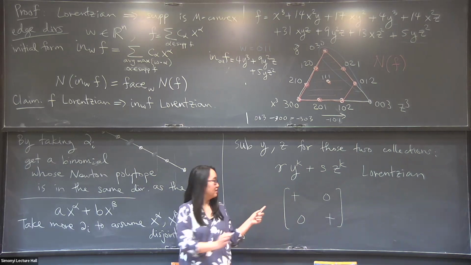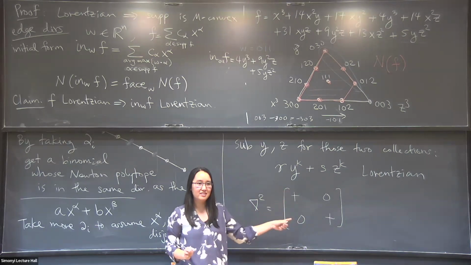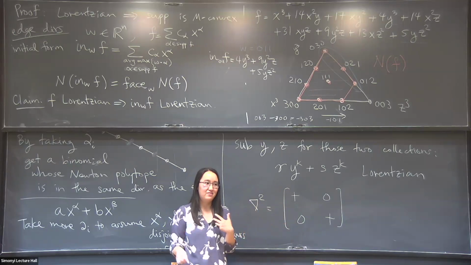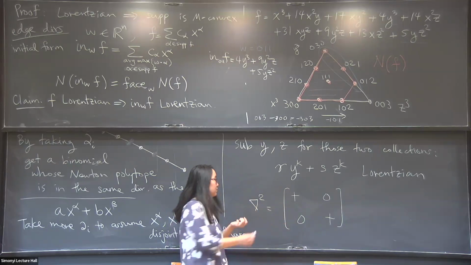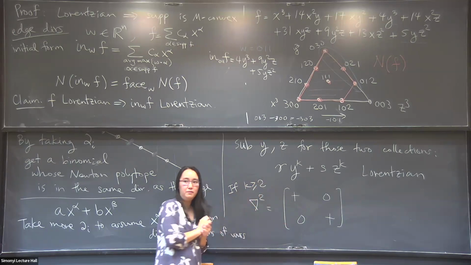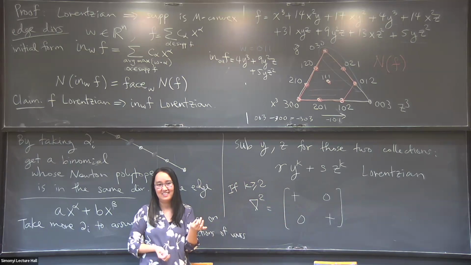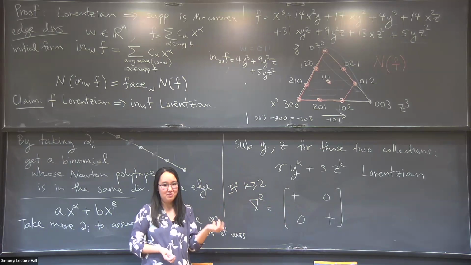This is the Hessian. It's 2 by 2 and looks like this. This has 2 positive eigenvalues, so it cannot be Lorentzian. So this is if k is bigger than or equal to 2. So that means that k has to be at most 1.